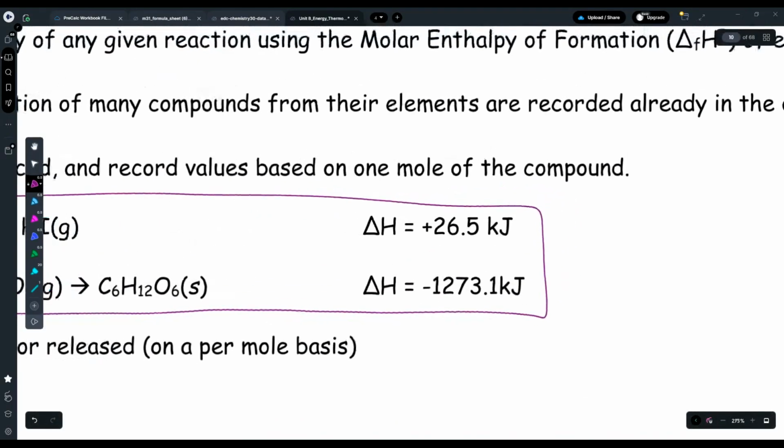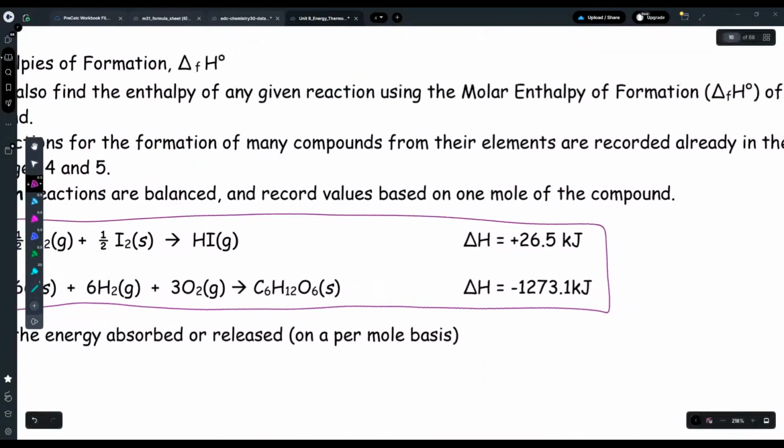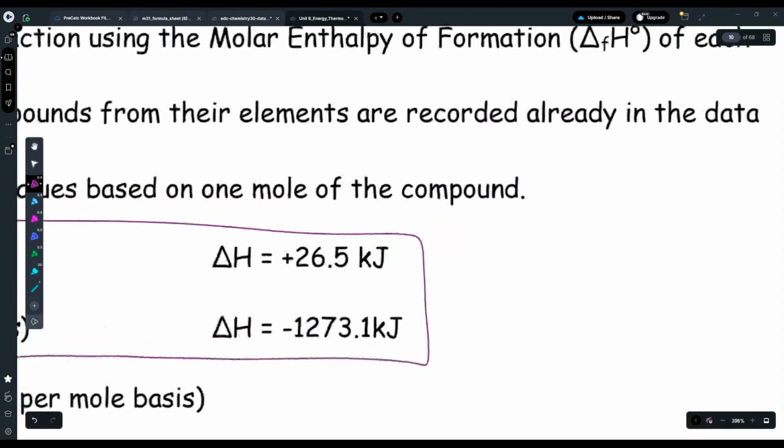Now, looking at what we're given here, we can tell that this first chemical equation has a positive change in enthalpy, which tells us that this is an endothermic reaction.